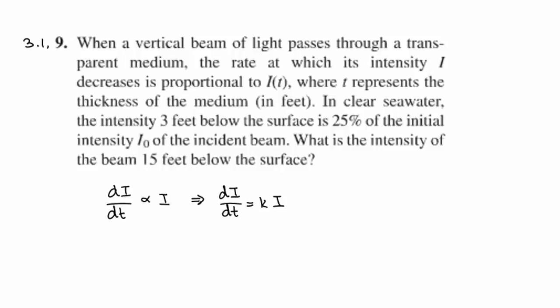Let's see, in clear seawater, the intensity 3 feet below the surface is 25% of the initial intensity. So we are given the following condition. It's actually not an initial condition, it's a condition. The intensity 3 feet below, remember, t represents the thickness of the medium, not the time, actually.